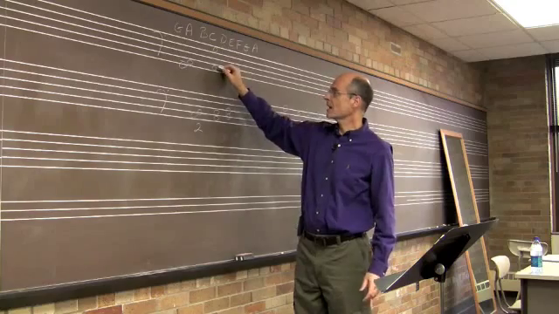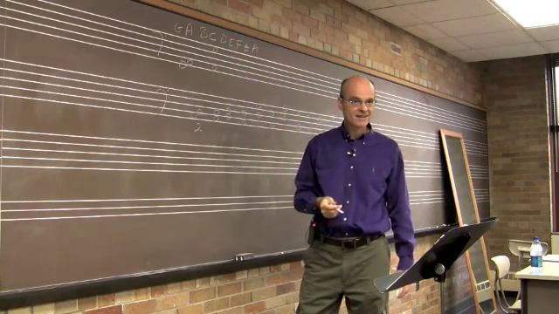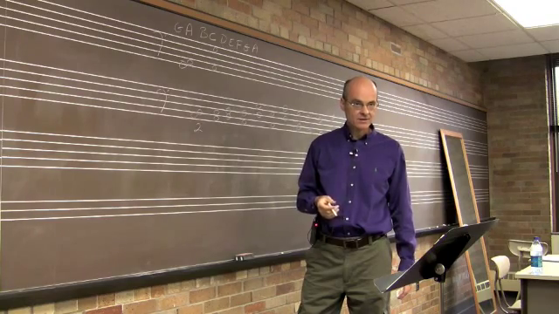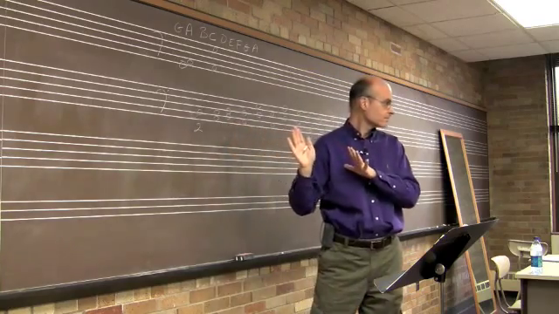It doesn't matter, I just count 1, 2, 3, 4, 5, 6, 7. That's the answer. Does that answer the question? Okay. All right, so we're good on that part so far?